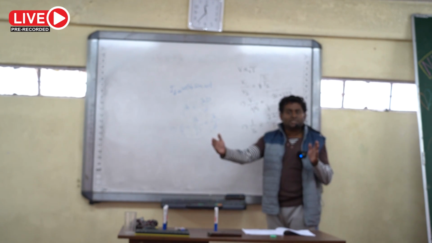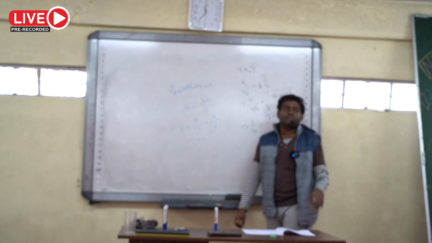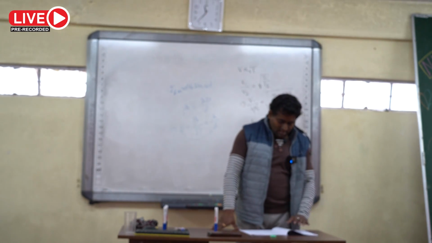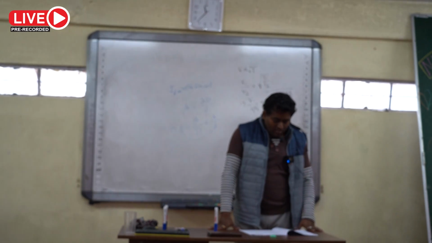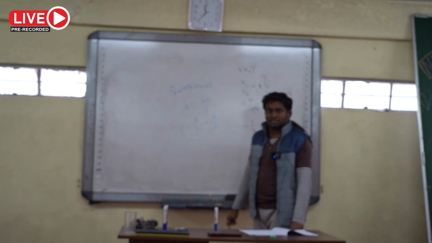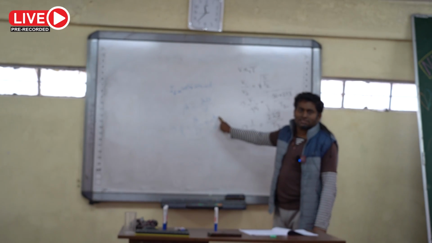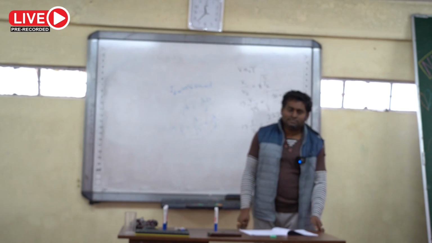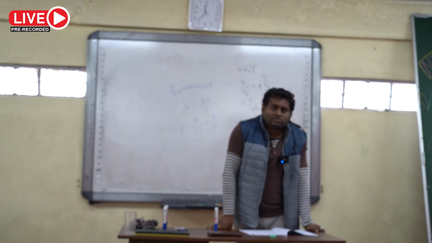So even if you move the screen, angular separation between the fringes will not change. Option 2, if the monochromatic source is replaced by another monochromatic source, definitely there is a change. Lambda changes means beta will change. So option 3 is correct.